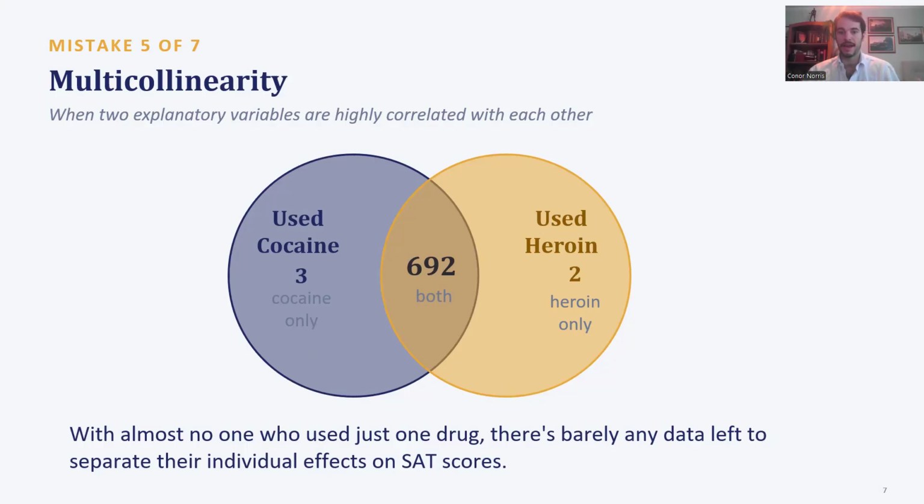So if you have 692 people who have used both, but only 2 or 3 who've used just one, there's barely any data left to separate the individual effects. And regression needs variation to work with. So when two variables move together almost perfectly, like these two do here, the model can't reliably tell you which one of them is actually driving the outcome.